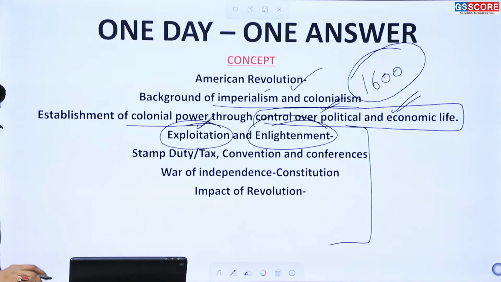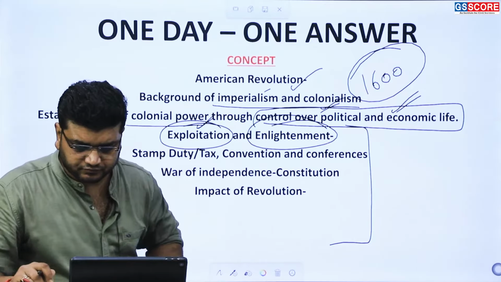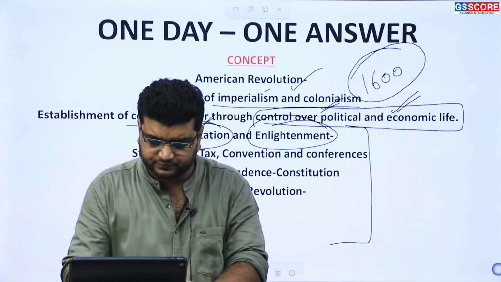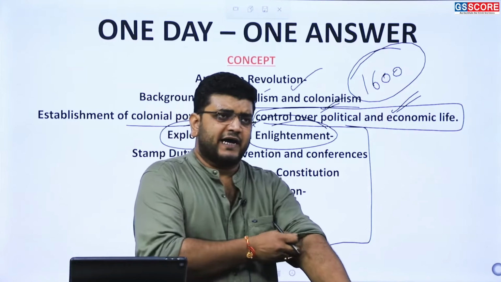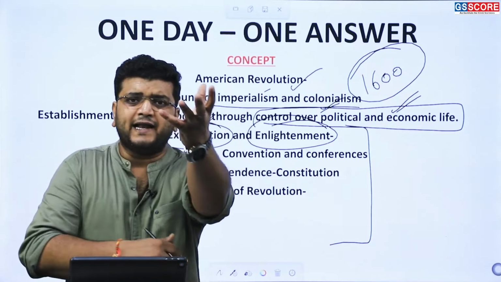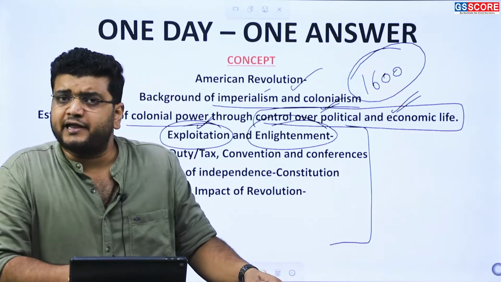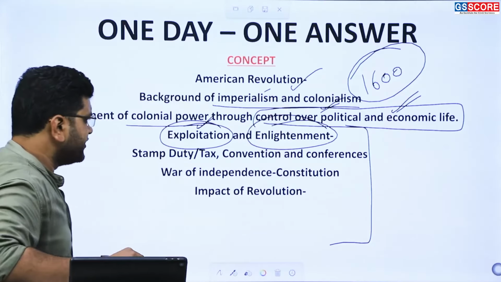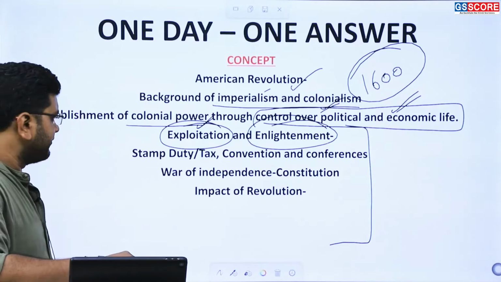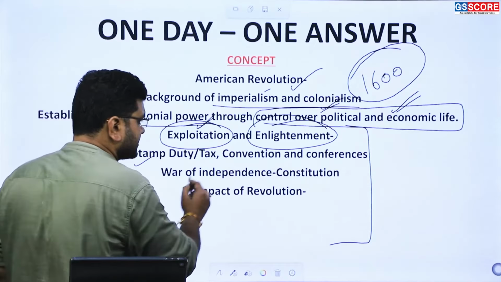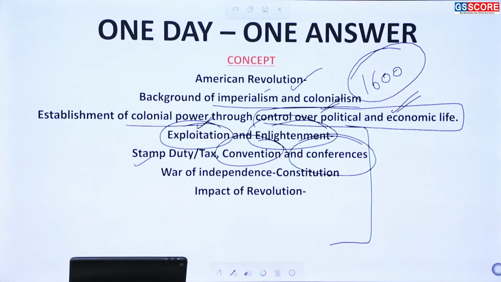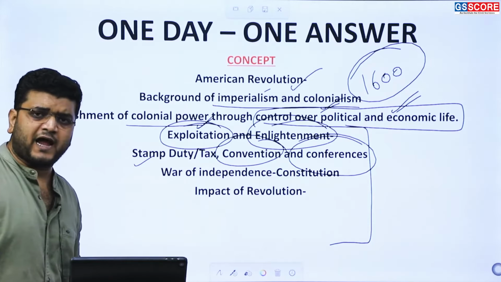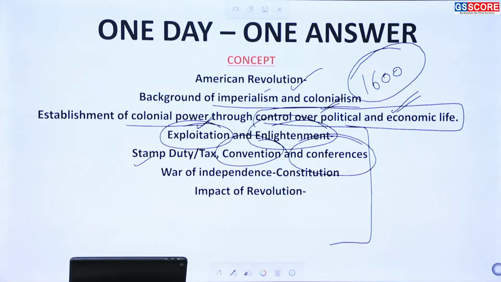Thomas Paine and Jefferson, they were the enlightened people. And they said that an island nation cannot govern a continent like America, and this was the feature which has governed the American Revolution. So the stamp duty tax, and there was a convention and conferences, Philadelphia Conference, very famous one, in which the American people have reorganized themselves and asked to withdraw the stamp tax.